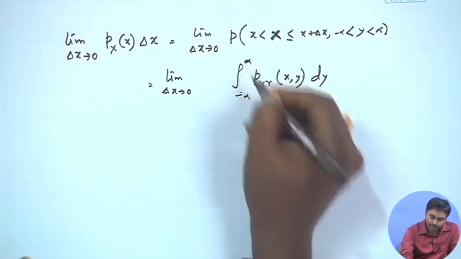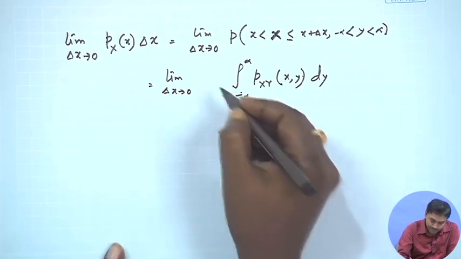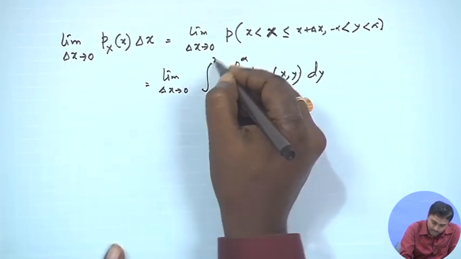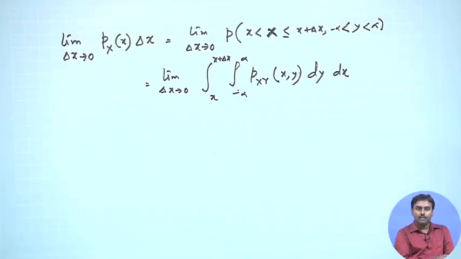That is the first task, minus infinity to plus infinity. For x, I should be integrating from x to x plus del x, right. So, this integration should be from x to x plus del x, dx, right.